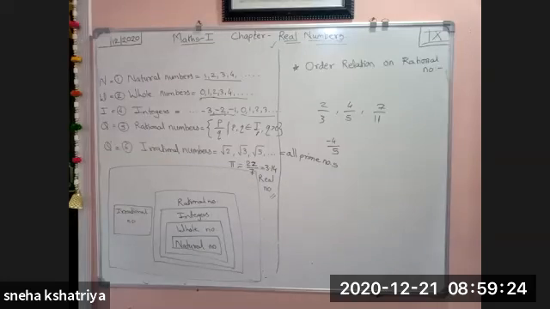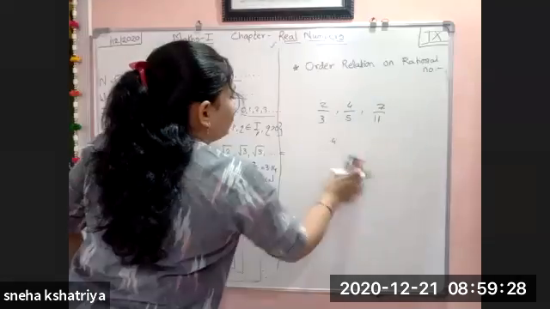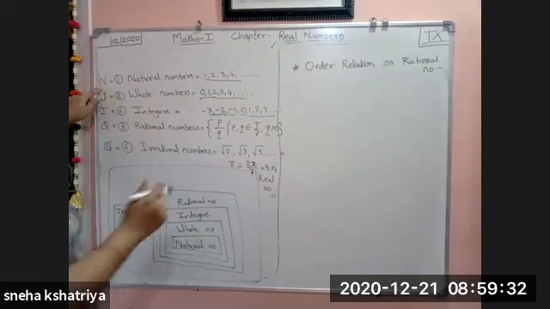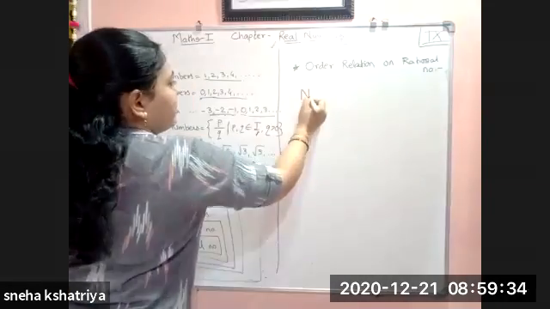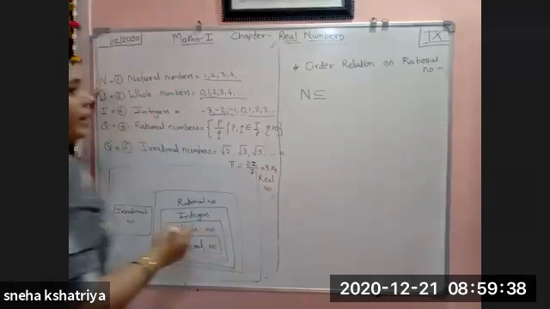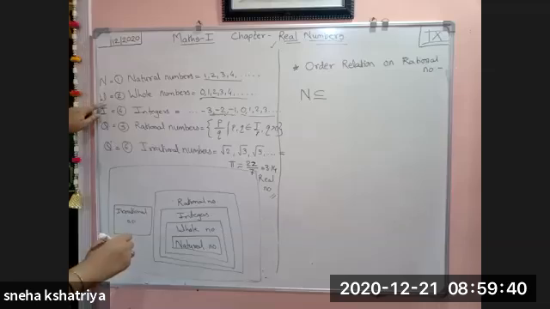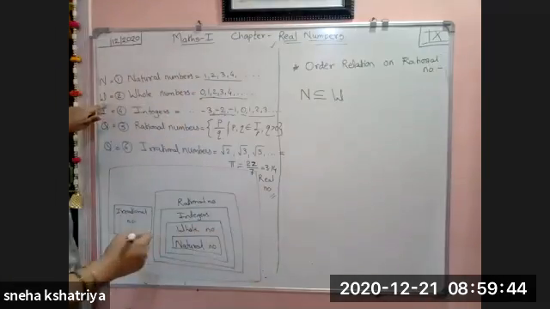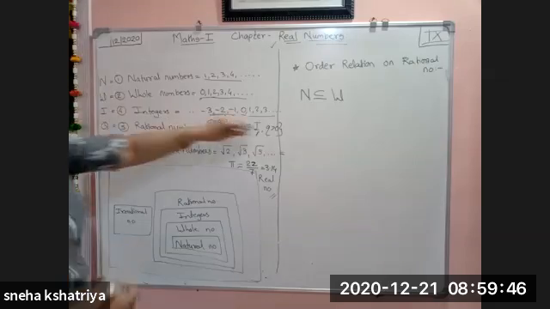Okay. So in the textbook it is given like this also, in subset form. Here N is the smallest. Okay, so N is a subset. This is the sign of subset. N is a subset of W. In sets we have learned all these things, how the subset works.